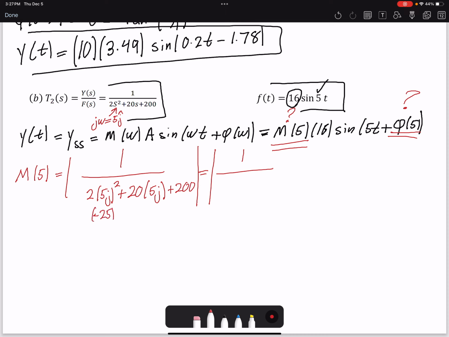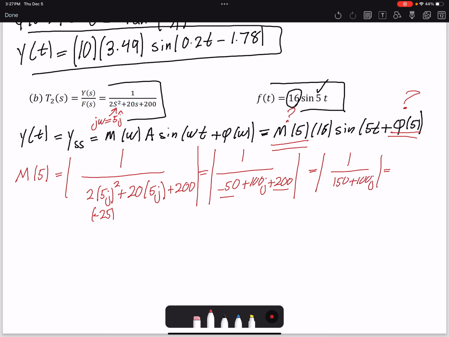Multiplied by 2, that would be negative 50 plus 100j plus 200. And of course the real parts can be combined, so I have 200 and negative 50, so 150 plus 100j.